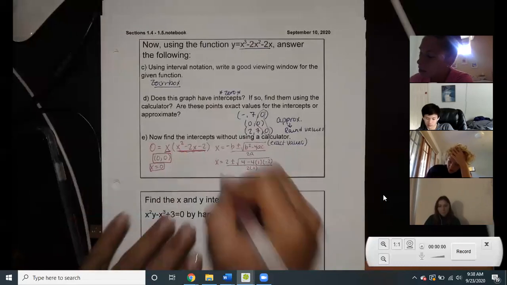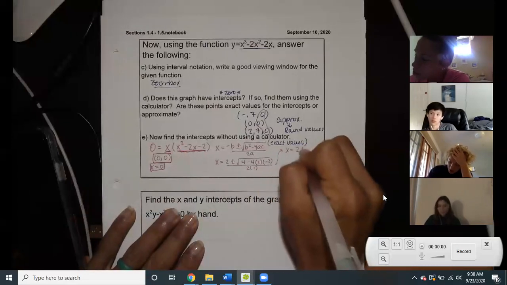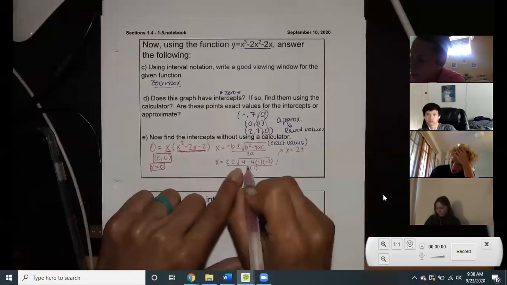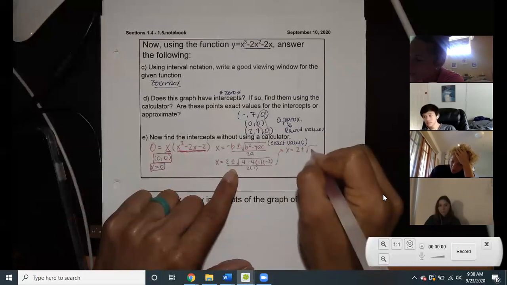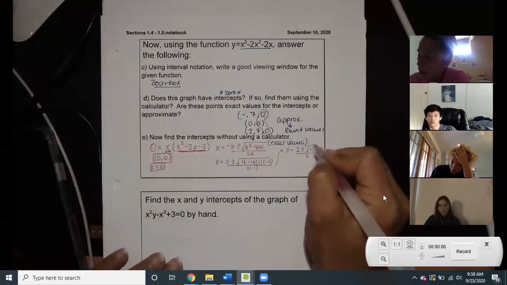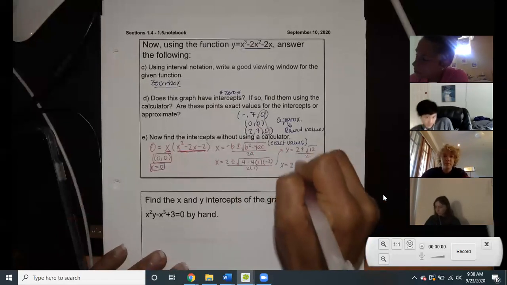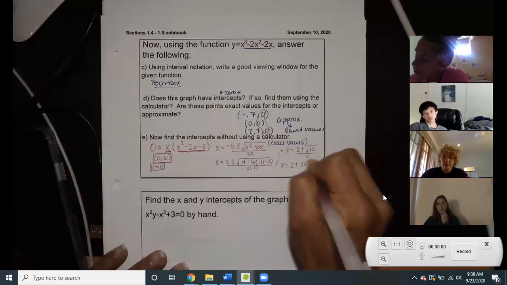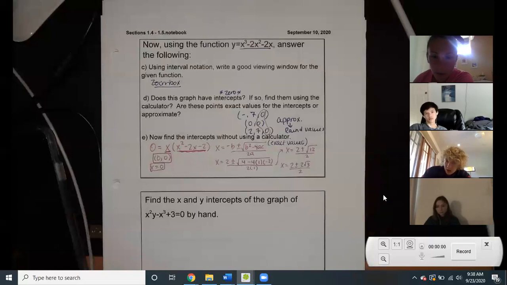So this is going to simplify to x equals 2 plus or minus, 4 plus 8, which is 12, over 2. And then I can simplify this radical a little bit. How does root 12 simplify? 2 root 3. Perfect.